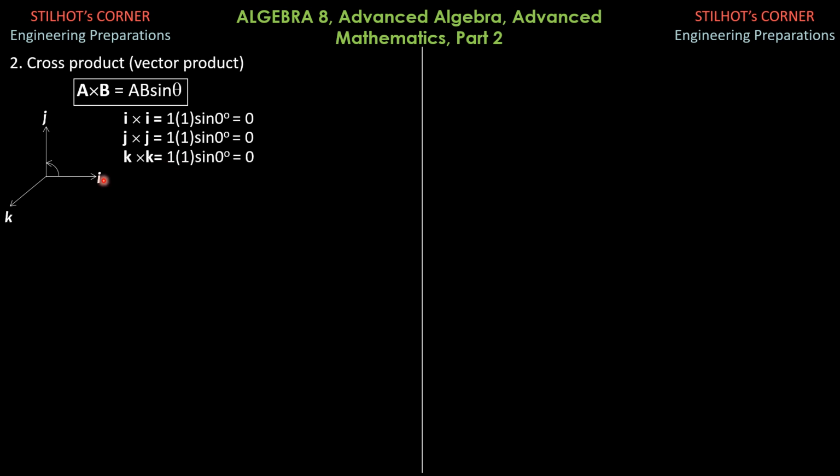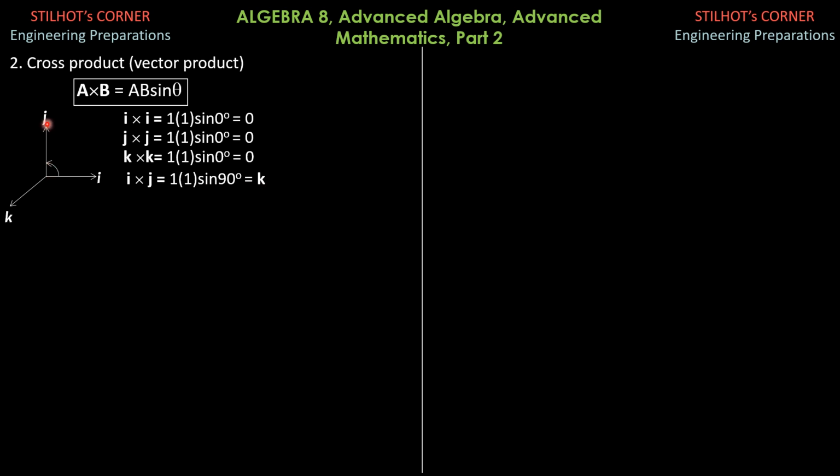While i cross j, as I said, is 1 times 1 times sine of 90 degrees, which is equal to 1. And because your right thumb is pointing in the positive k direction, it is equal to k.